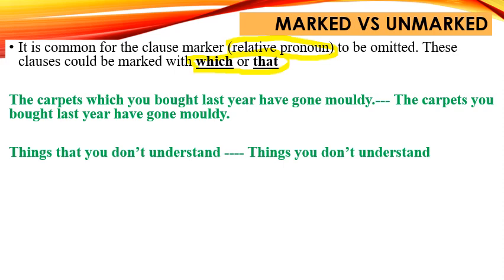For example, the carpet which you bought last year has gone moldy. The carpet you bought last year has gone moldy. Here, there is a possibility of deleting which. Same thing with the ones that have that as a relative pronoun. Things that you don't understand, things you don't understand.